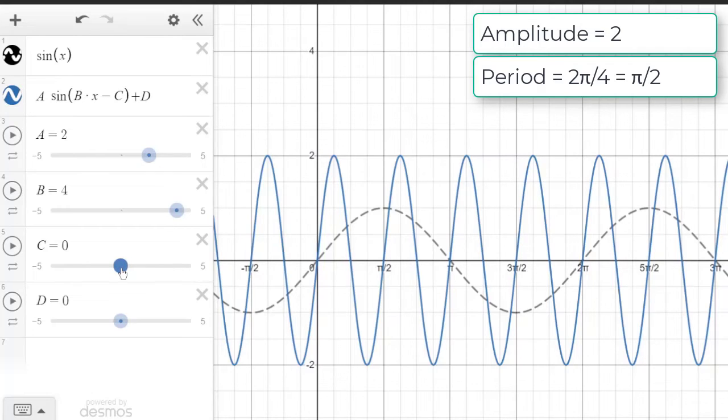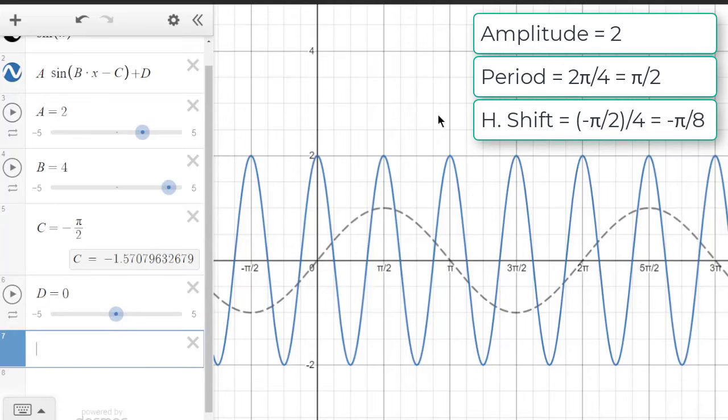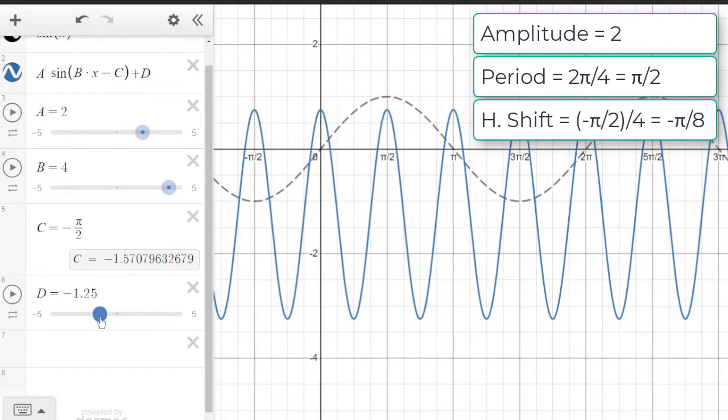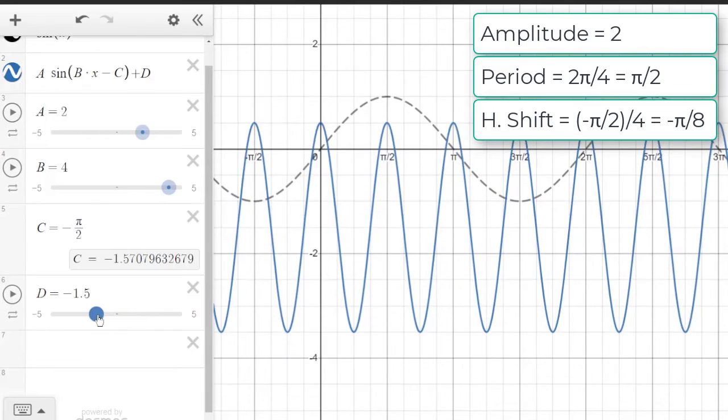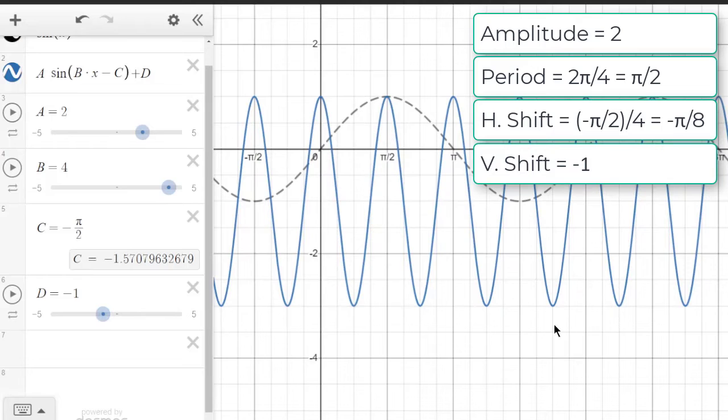Let's make c equal to negative pi over 2. And then let's do a vertical shift. Let's actually shift this graph downwards. So I'm actually going to subtract 1 from the graph. And so we can see that we've created a new sinusoidal curve.